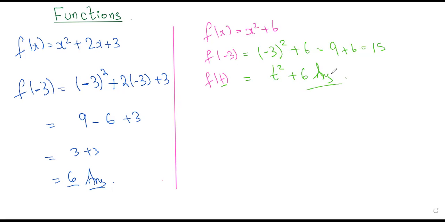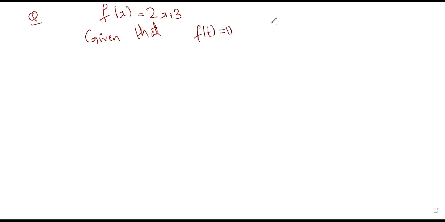Let's talk about a question. What if you have been told that this is the statement, f of x is 2x plus 3, and given that f of t is 11, find the value of t.